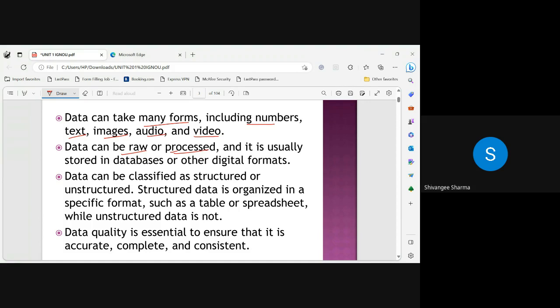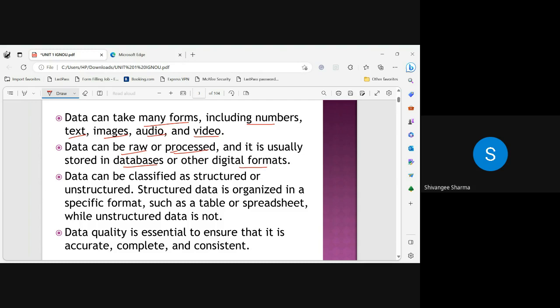So it is usually stored in databases or in other digital formats. These databases nowadays have increased so much, and you have so many languages to take data out from these databases. But in general, a database is a storage of data in presentable form. As and when required, you can access whatever you want from that database.